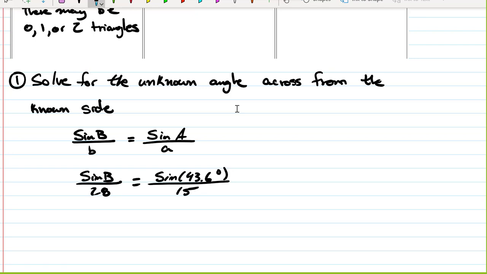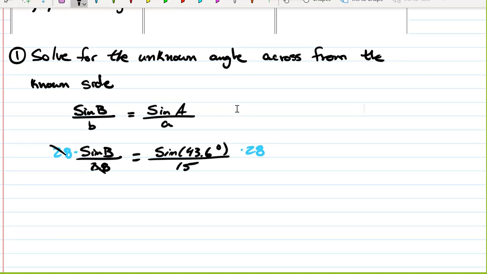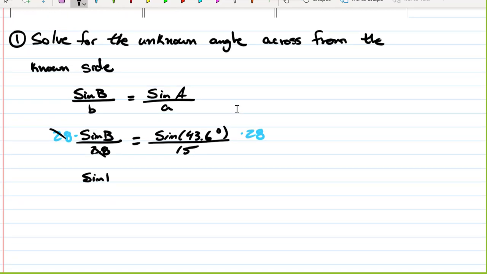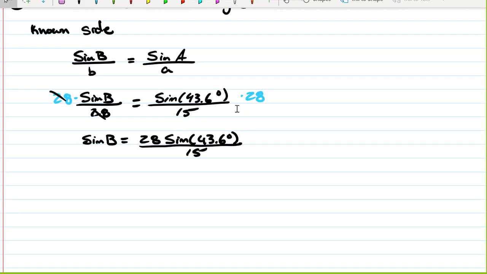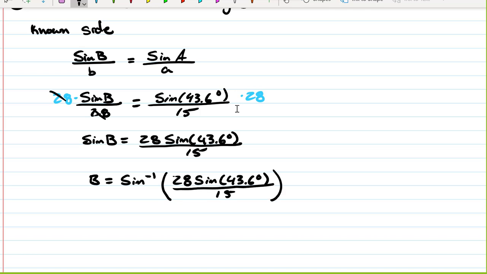So now we want to solve for sine B, so we multiply by 28 on both sides, so those reduce out, and we get sine B is equal to 28 times the sine of 43.6 degrees divided by 15. So then to undo the sine, we use the sine inverse. So B is equal to the sine inverse of 28 times the sine of 43.6 degrees all over 15.